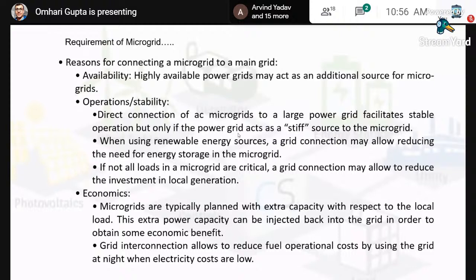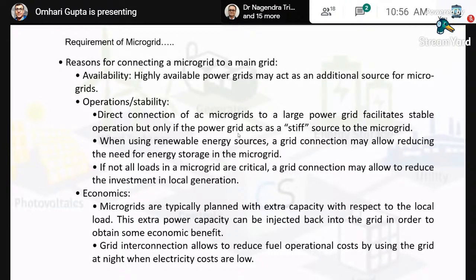When using renewable energy sources, a grid connection may allow reducing the need for energy storage in the microgrid. Earlier, we have seen that along with the solar generation, we have to have a storage.